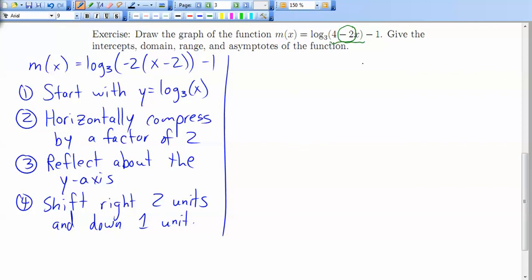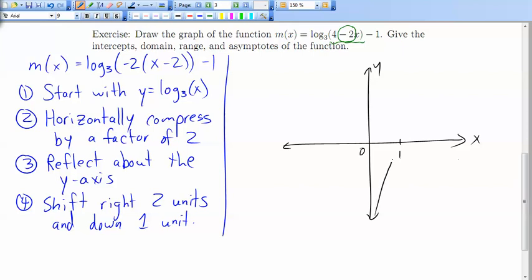Sorry, I'll give myself a bit more space here. So we'll start with our very first graph. There's y equals log base 3 of x.